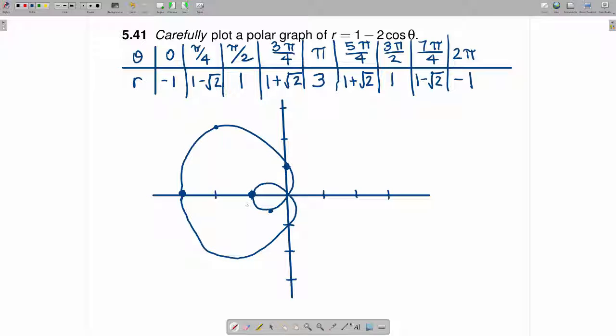Could have done better, but that's not bad. This is one of the more common polar graphs that comes out. They're all given a bunch of fancy names, and these are all done basically plotting point by point and then connecting the dots to get this. A computer is much better than I am at this, but you should know how to do it by hand, and then you'll know what the computer is doing in the background.